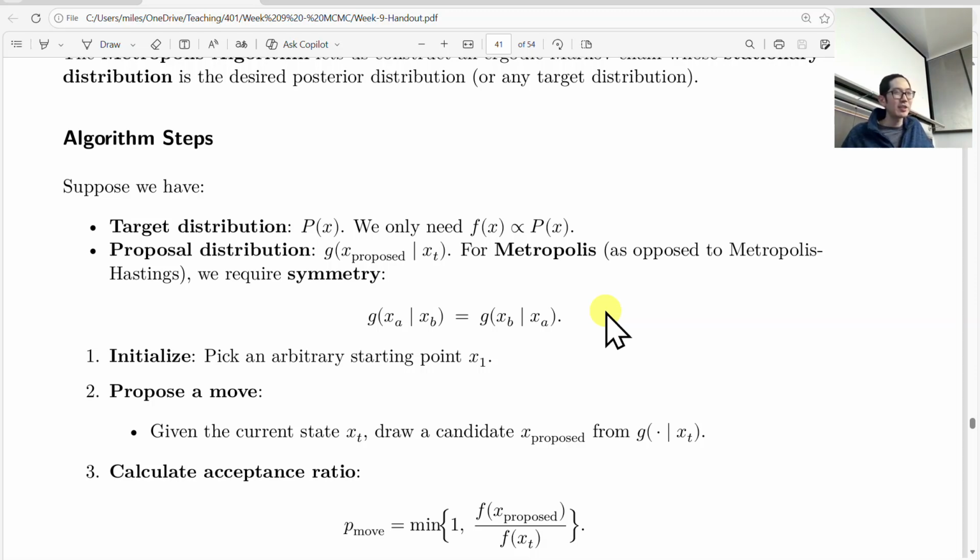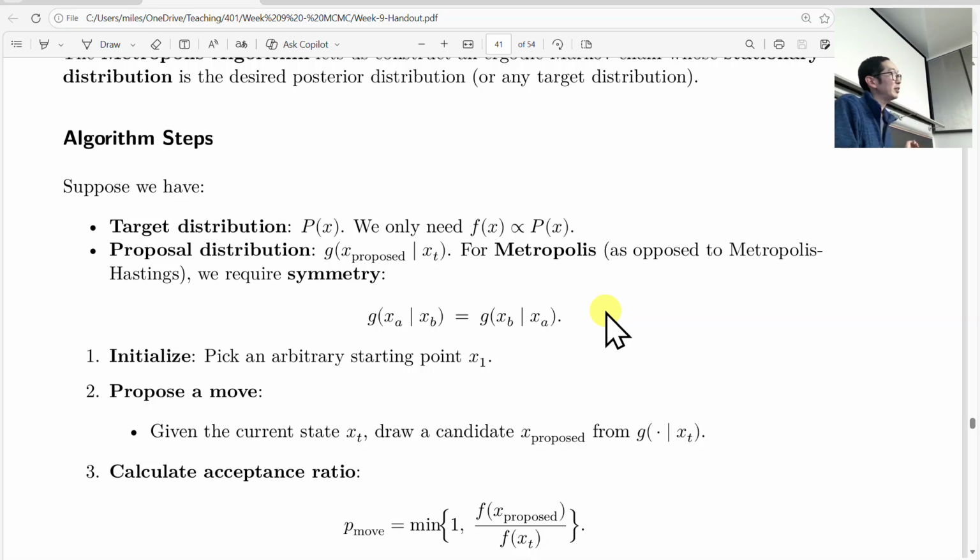Basically, if I start at one spot, I need to be able to propose another value. It could be as simple as: if I start at state 1, I flip a coin, and if it goes heads, I propose the state to my right, 3, and if I get tails, I propose the state to my left of 1, or something like that.